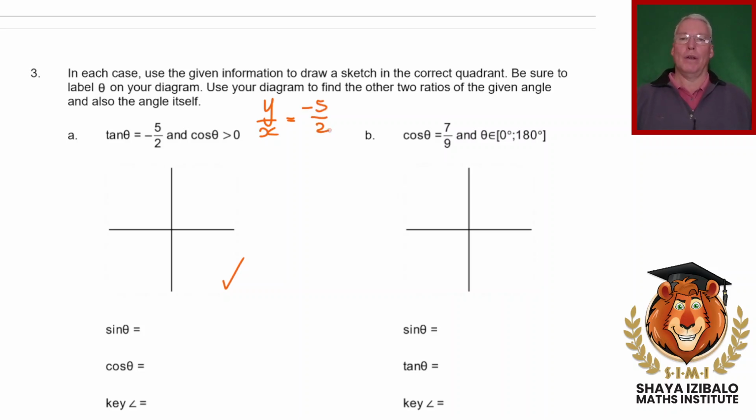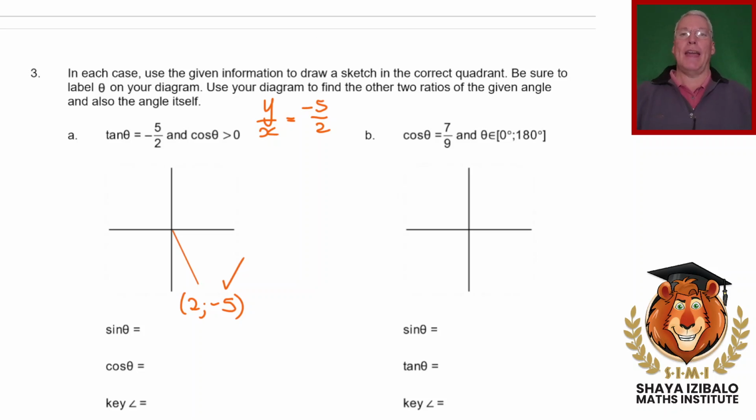-5 over 2. I'm going to try and draw this roughly accurately. The x value is quite small and the y value is quite big. We are somewhere over here. This point is the point with x value 2, y value -5.